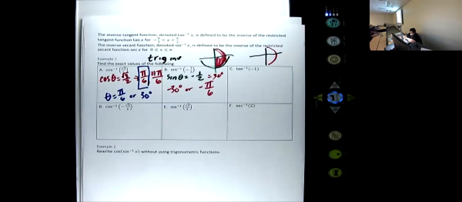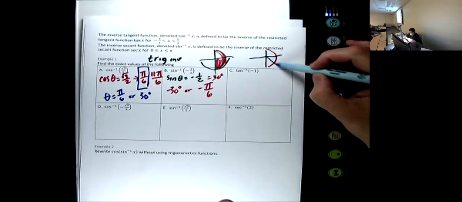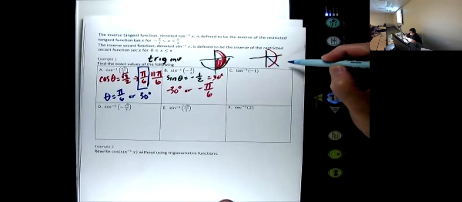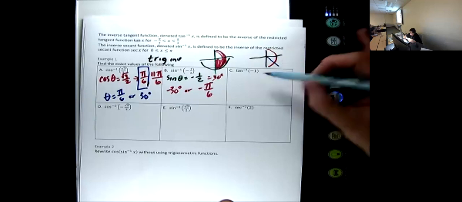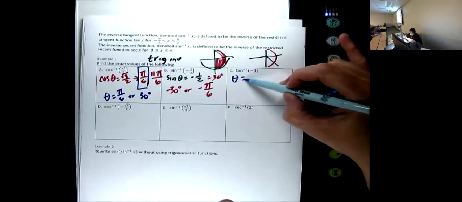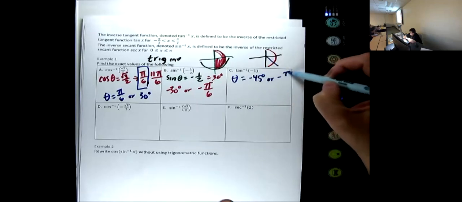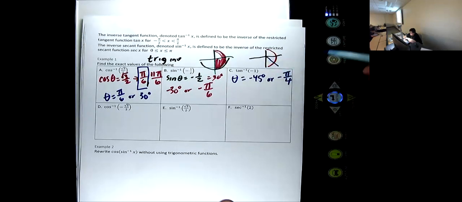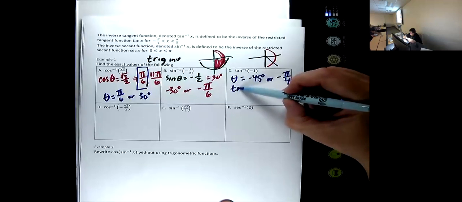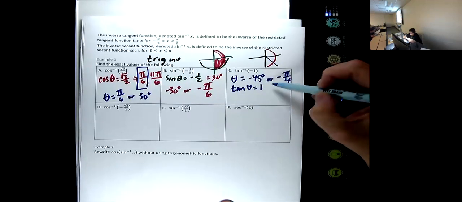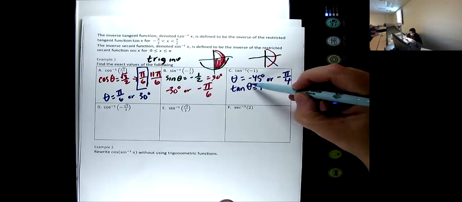The only spot that happens is in this region right here. X is positive, Y is negative. This is negative 45 degrees, or negative pi over 4. So this is like saying tangent of theta equals 1. Find theta.